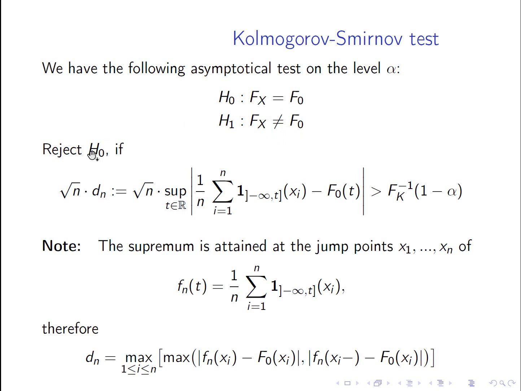So we reject the null hypothesis if square root of n times Dn, which is the square root of n times the supremum of the absolute value of the empirical distribution function evaluated for our data compared with the target distribution function, takes a value larger than the inverse distribution function of the Kolmogorov distribution evaluated at 1 minus alpha.